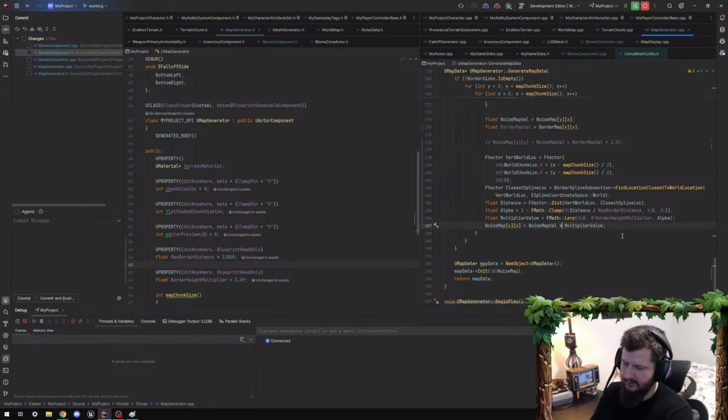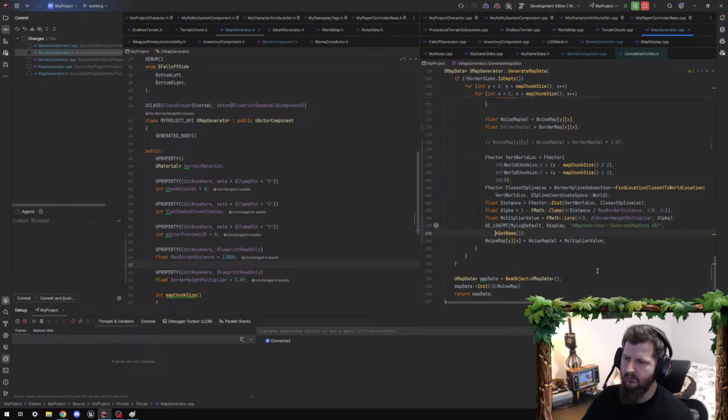That's probably also an issue. But let's log some stuff. Okay, what do I want to log here? First I want to see how close this is. And then, well, let's first log what chunk coord we're on.